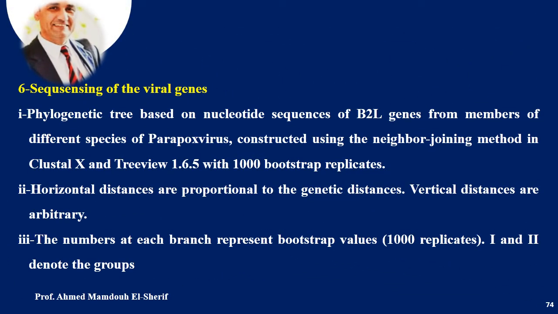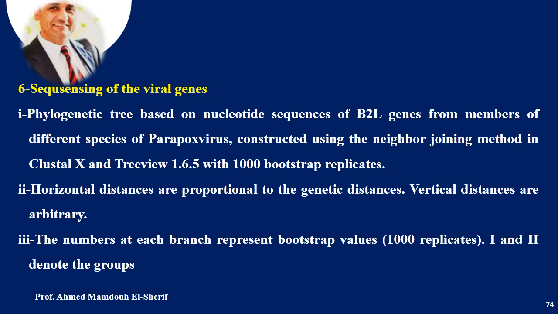Sequencing of the viral genes. Phylogenetic tree based on nucleotide sequences of P2L genes from members of different species of parapox virus, constructed using the neighbor-joining method in ClustalX and TreeView 1.6.5 with 1000 bootstrap replicates. Horizontal distances are proportional to the genetic distances. Vertical distances are arbitrary.